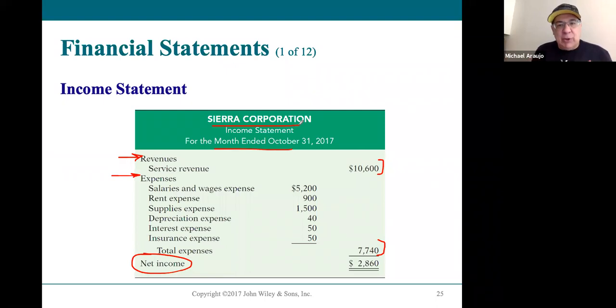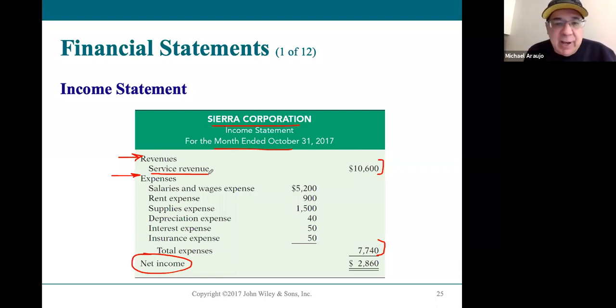When you pay someone to give you a tour, you're paying someone to provide a service for you. Okay, and so if you notice here, the revenue account that's listed is something called service revenue, because in this case, this company is simply providing tours for the payment from customers. So that's their service revenue.